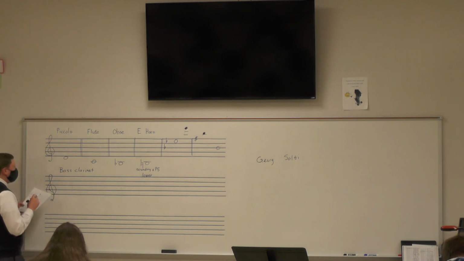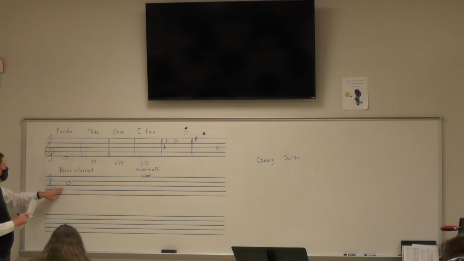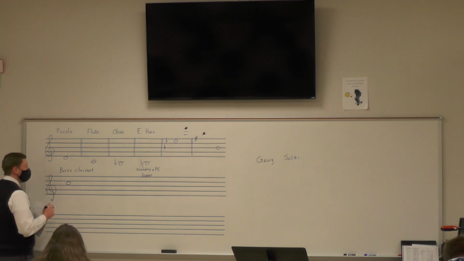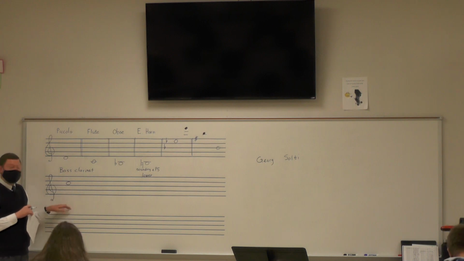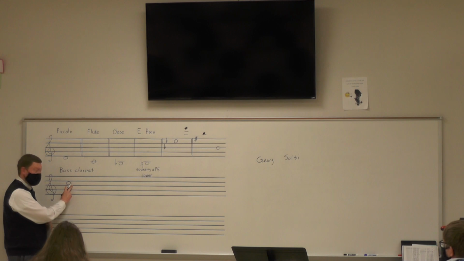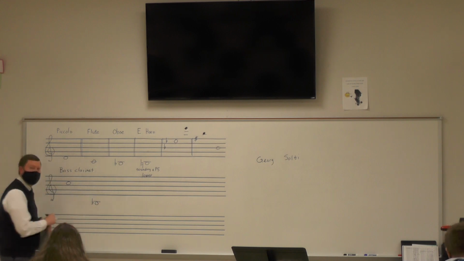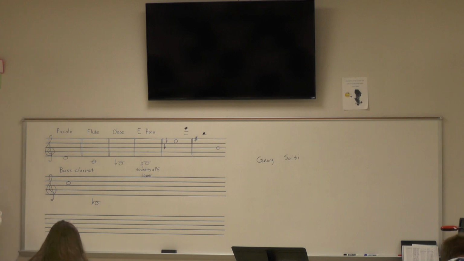Okay? When the notes for the bass clarinet are notated in the treble clef, such as this, when the bass clarinetist sees a written C, you need to know that a B flat will come out of the horn. It is a transposing instrument, but not the B flat a second below. For the bass clarinet, the B flat a major ninth below is going to come out of the instrument.